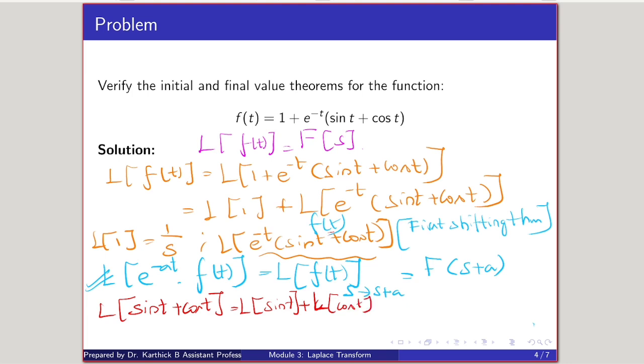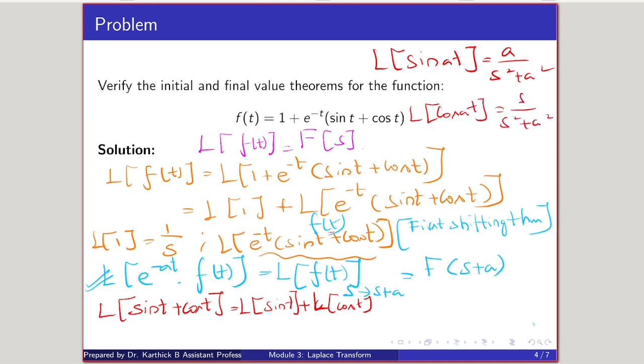We have a formula: Laplace of sin at will be a by s square plus a square, and Laplace of cos at will be s by s square plus a square. Here a will be 1 for both sin and cos. So Laplace of sin t will be 1 by s square plus 1, plus Laplace of cos t will be s by s square plus 1.